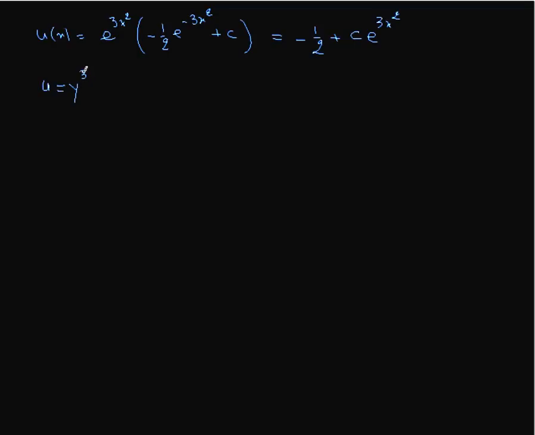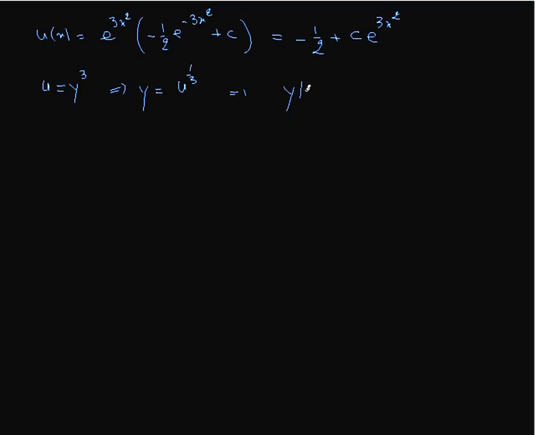Now here we have to pay attention. If you obtain a power which is an odd number, then we can write y in terms of u. If it is an even number, and you are not given that y is positive, then we just obtain an implicit solution by writing, for example, whatever we have equals this function. But here we have y cubed, so we can write that y is u to the power 1 over 3.